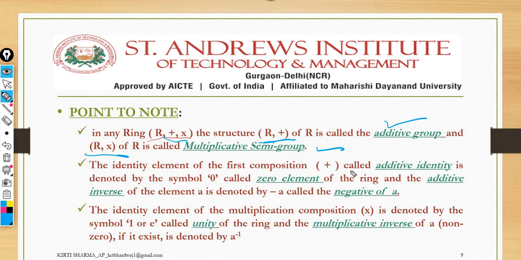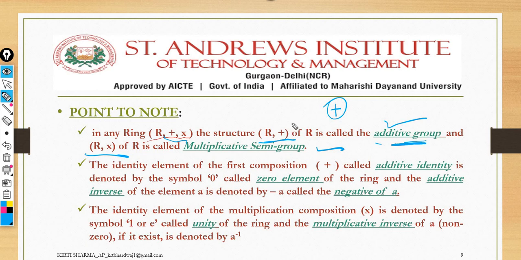We have already discussed these topics, right? The addition symbol satisfies the condition of an additive group, that's why it's called an additive group, and multiplicative satisfies the semi group. Under the semi group we have two things, closure and associativity, and under the group closure, associativity, identity and inverse must be satisfied, right?